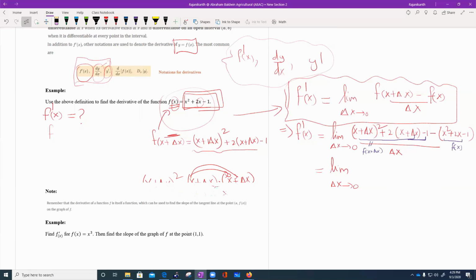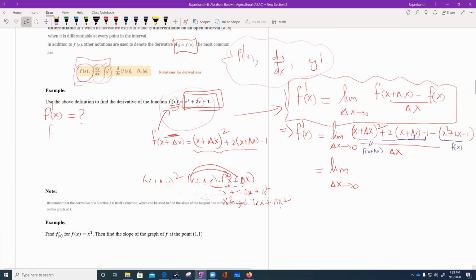Then distribute delta x with x, and you get one more x delta x. Then delta x times delta x is delta x squared. If you simplify this, you get x squared plus x delta x plus x delta x, which is 2x delta x, plus delta x squared.